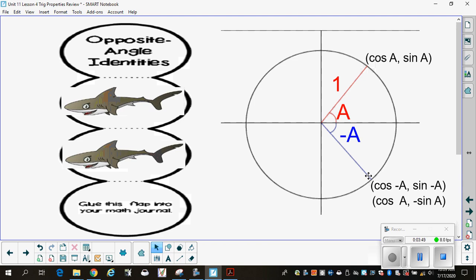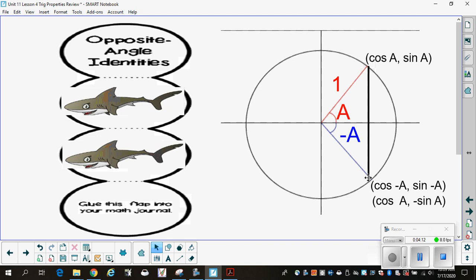If I come down here, remember your rectangle families. Down here, this has got the exact same x value, but the y value is simply the opposite.